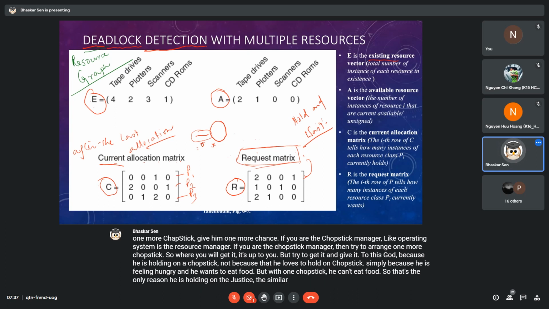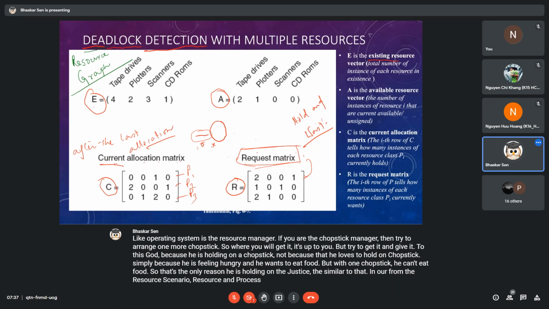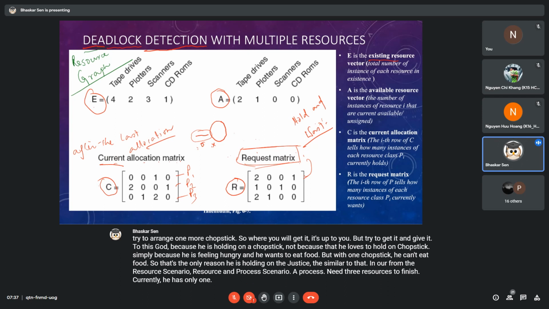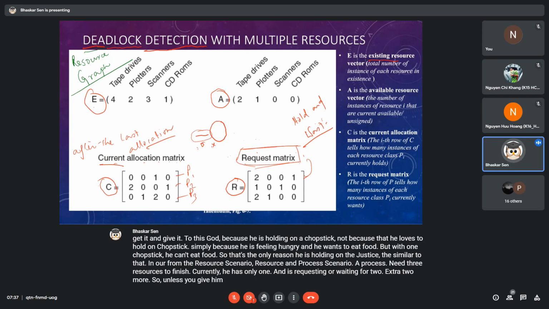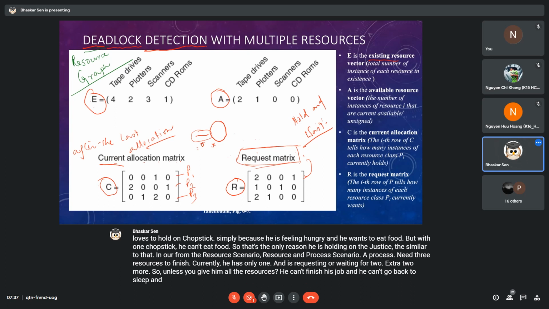Similarly, in the resource and process scenario, a process needs 3 resources to finish. Currently, he has only 1 and is waiting for 2 more. So unless you give him all the resources, he can't finish his job and go back to sleep and free all the resources.